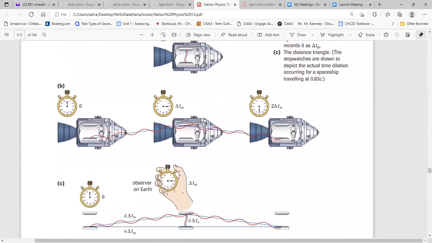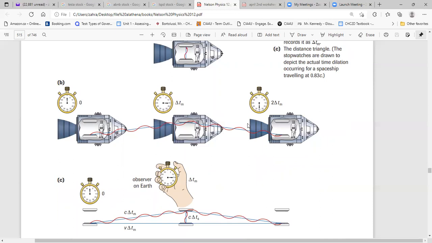Now imagine that someone else sees the spacecraft moving at a speed close to the speed of light. Someone outside on the Earth has a clock and measures the traveling time.